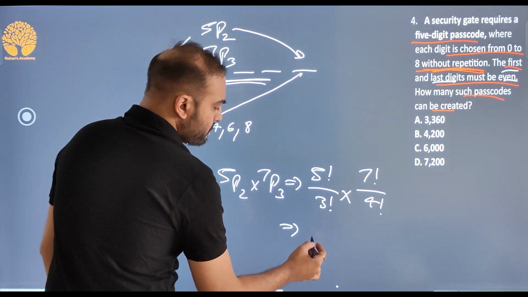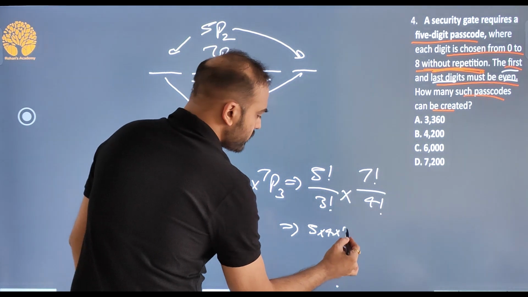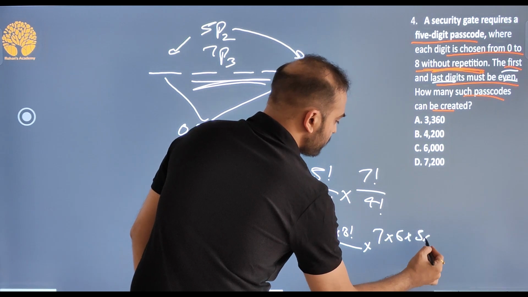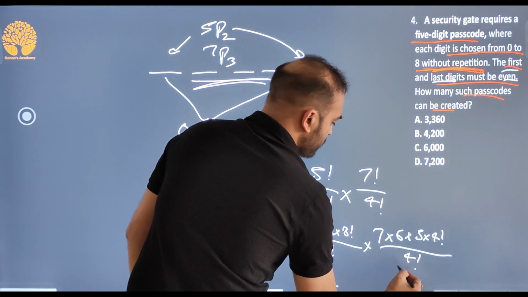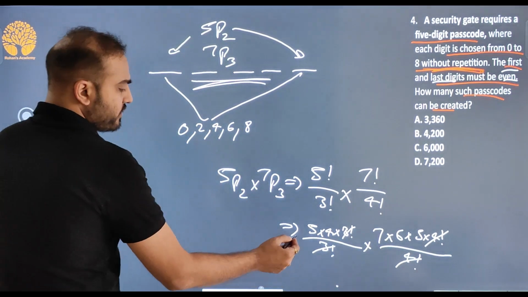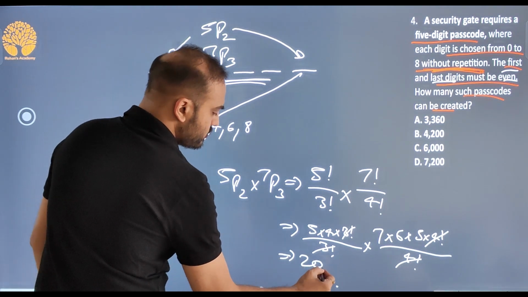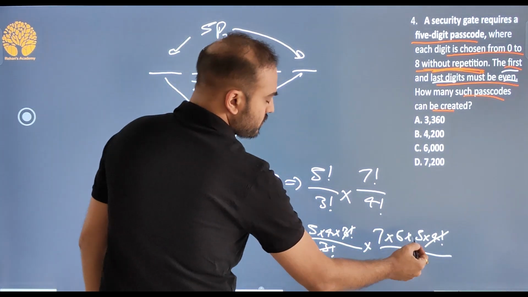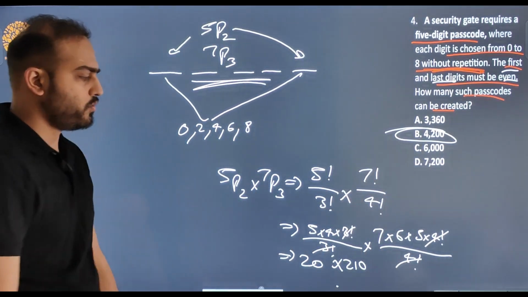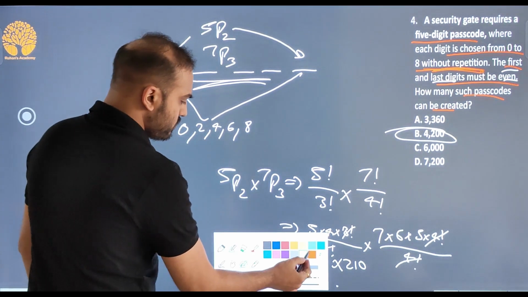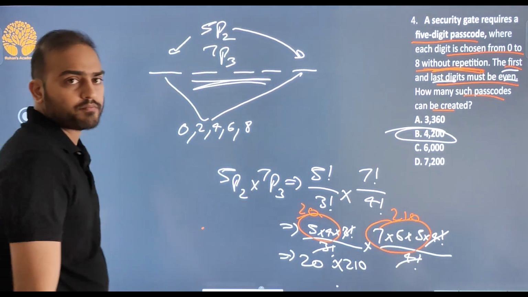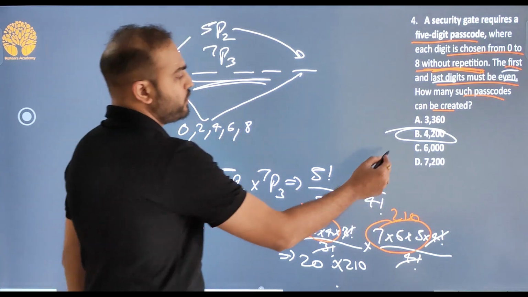Let's just simplify it. 5 times 4 times 7 times 6 times 5 times 4. 4 factorial cancels out, 3 factorial cancels out. This is 20 times 210. So that's 4200.